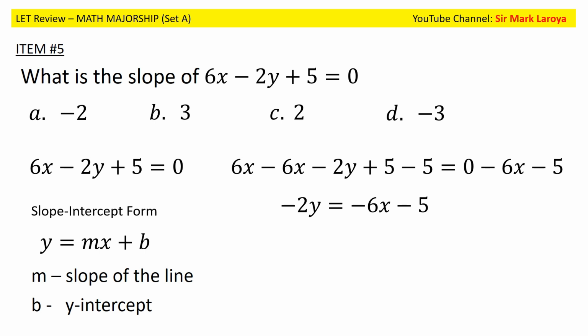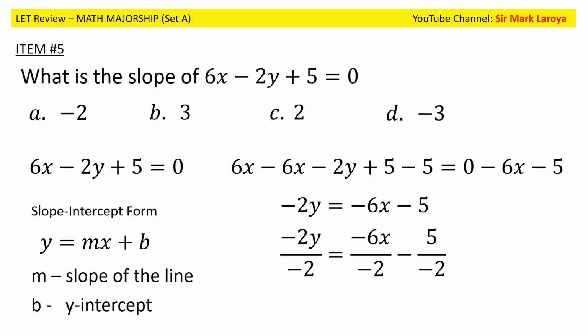It's the same as parang ginawa natin, transpose natin yung terms na 6x at yung 5 sa right side, kaya naging negative 6x at negative 5. Now, di-divide natin both sides by negative 2 para makuha natin yung value ng y.